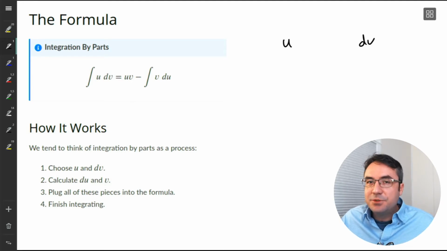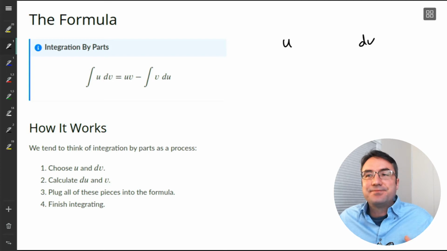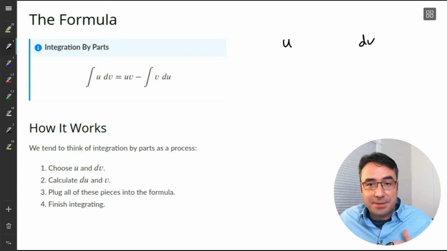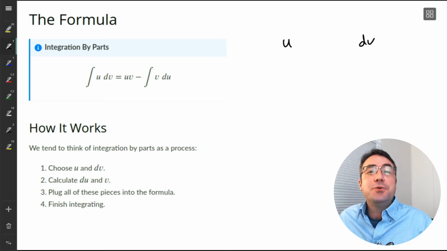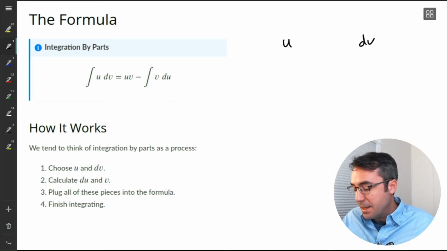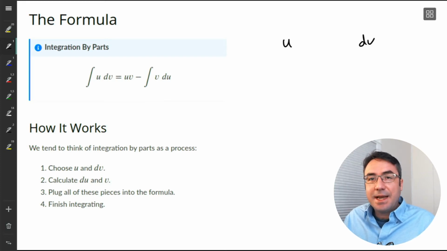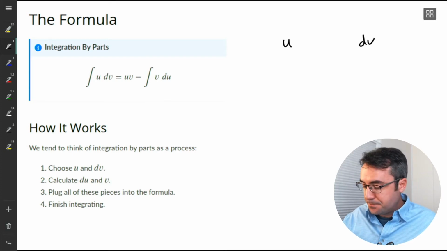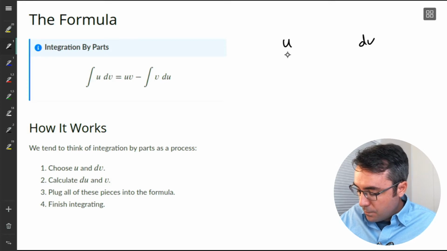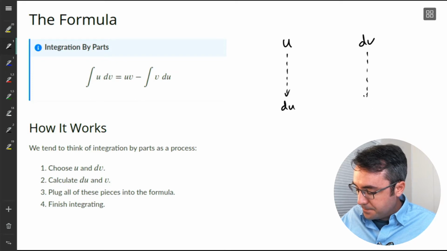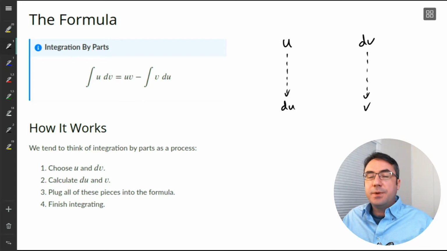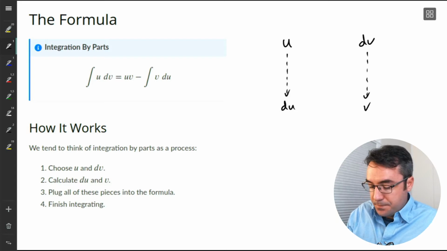So kind of like substitution rule, we had to choose u. Well, same thing for integration by parts, except now we're deciding on two things, u and dv. Once we decide u and dv, the second step is to calculate du and calculate v. So how do we calculate du?